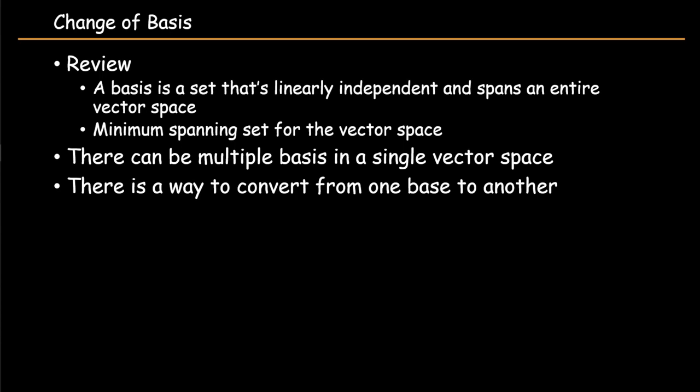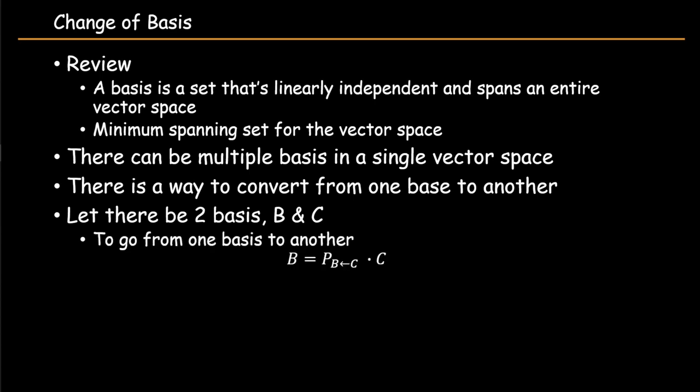And so there is a way to convert from one basis to another. We're just going to start off with two bases, B and C. To go from one basis to another, in this case from basis C to basis B, all we have to do is multiply by some matrix, which would be P from B to C, and to switch back, it's pretty much the same thing.